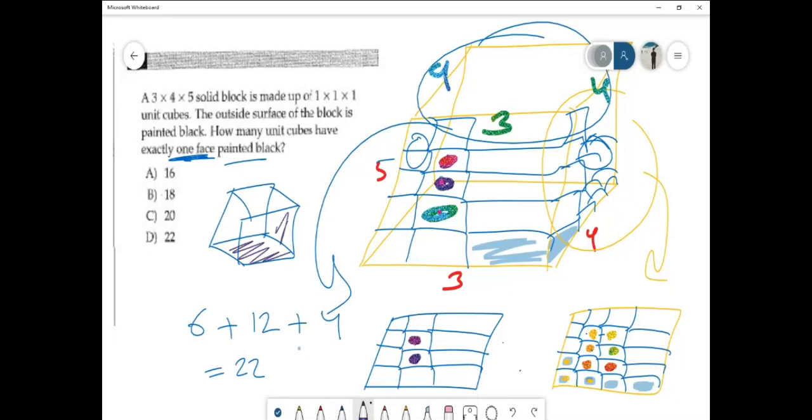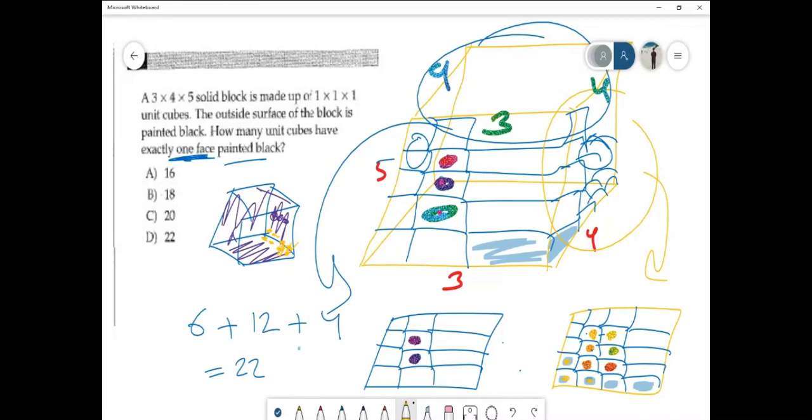So the main idea of this question is that if I have a cube like this, this cube consists of small cubes, okay? If I paint all this side, only the blocks which are here will be painted on only one side.